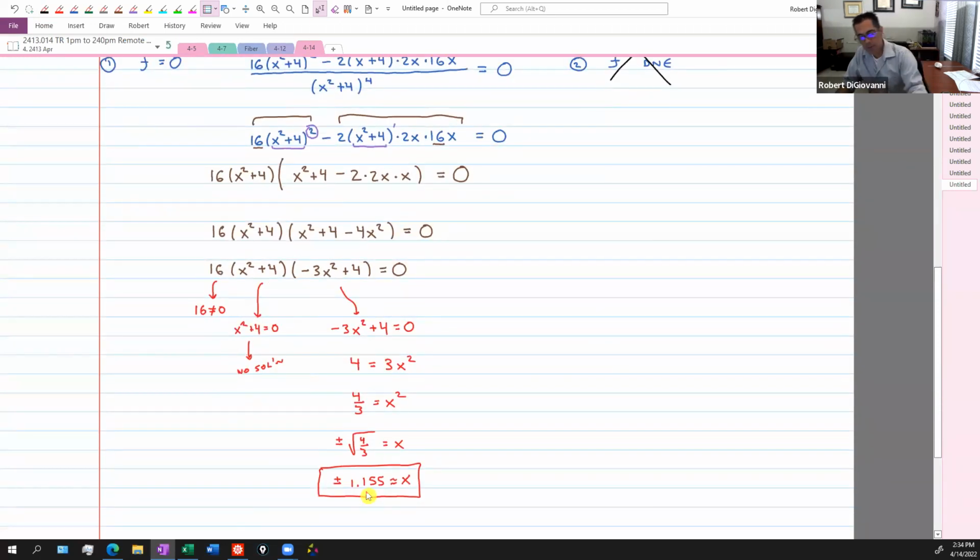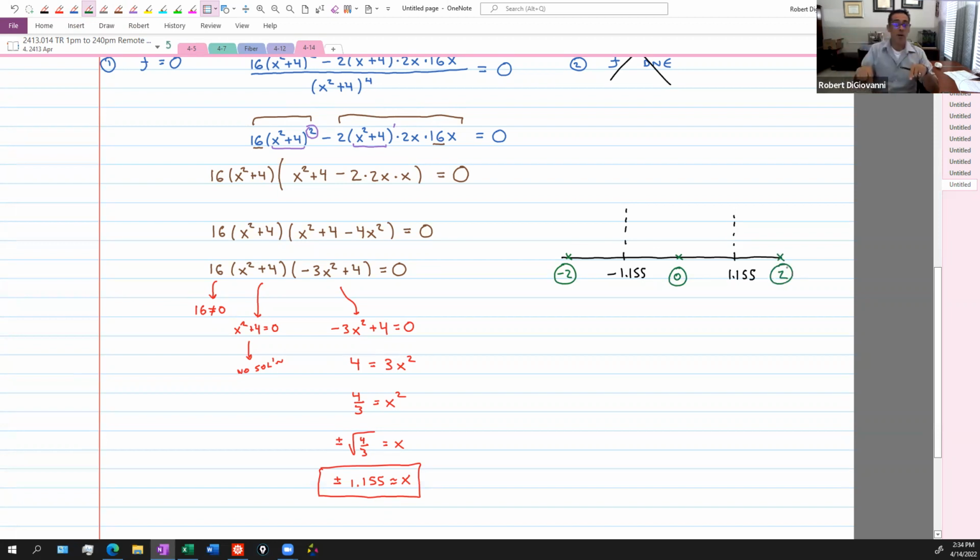So I'm going to go now and put these 2 numbers on a number line. I have negative 1.155 and I have positive 1.155. And then I'm going to pick some test points. How about negative 2? Ooh, 0 is a good one between these 2. And then 2.